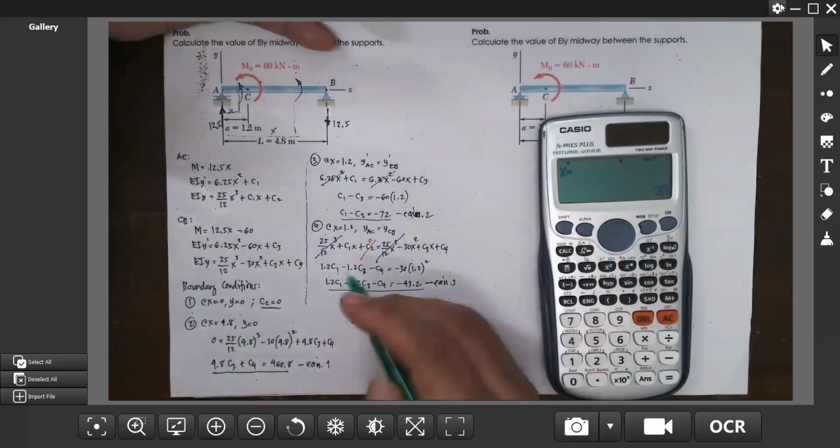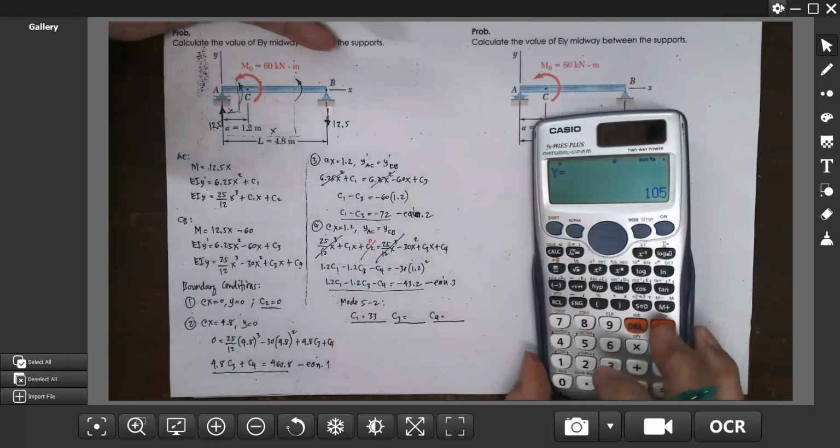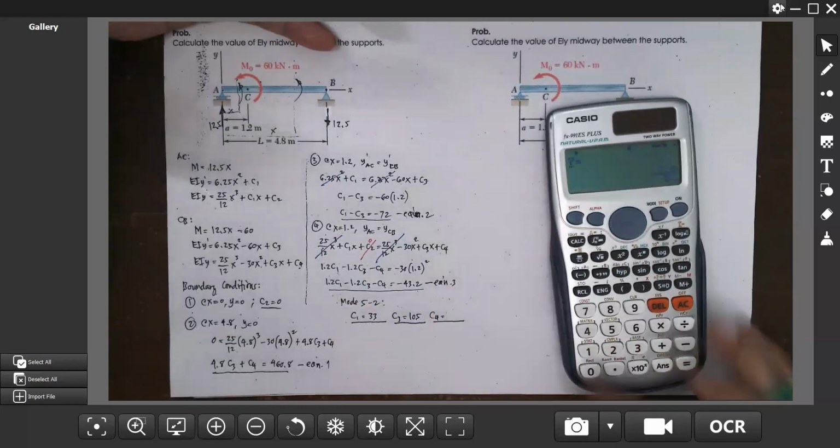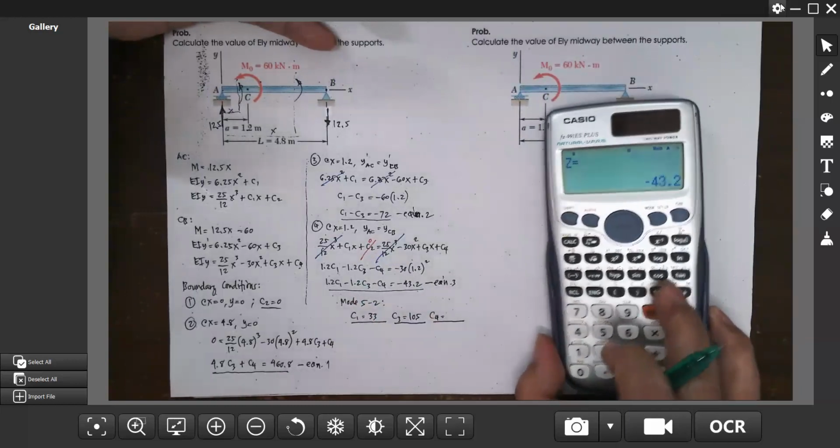Okay. C1 is 33, C3 is 105, C4 is negative 43.2.